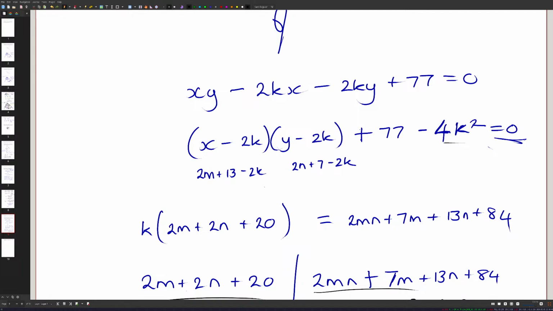I guess we need bigger than 77. I guess we need k is bigger than 5.23. It is 1 times.